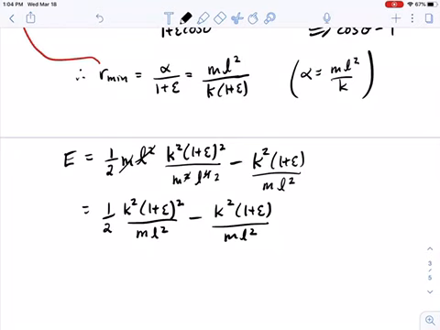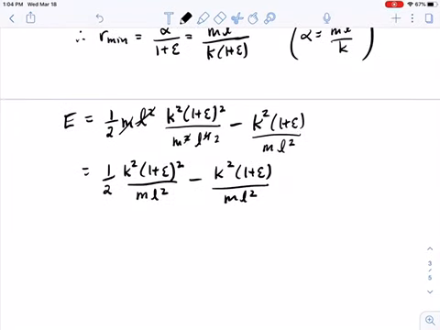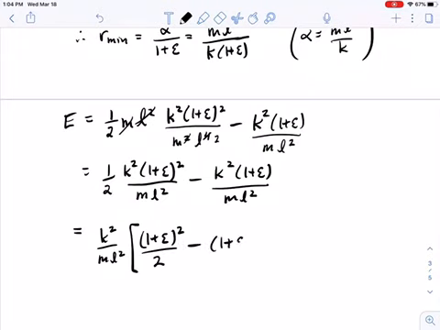Okay, so there's some common factors here. What are the common factors? We have k squared over m L squared. There's also a 1 plus epsilon we could factor out. I'm going to leave it in there. So we get k squared over m L squared times 1 plus epsilon squared over 2 minus 1 plus epsilon.